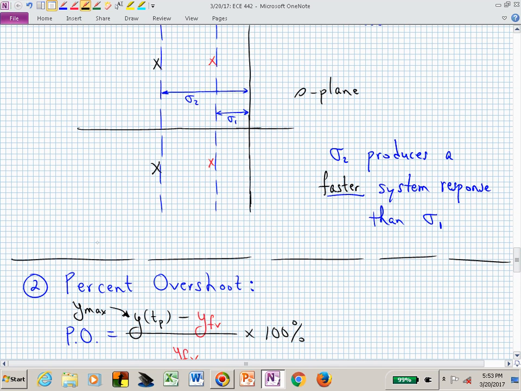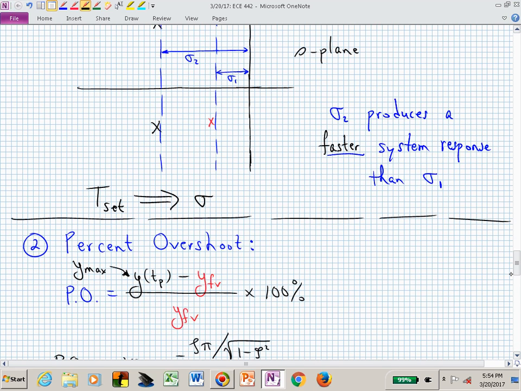And the takeaway that I want you to remember is that if somebody starts talking about settling time, you need to think in terms of vertical lines, or distance away from the imaginary axis, sigmas. That's in the continuous time case, and we'll eventually show where that connects in the z-plane.